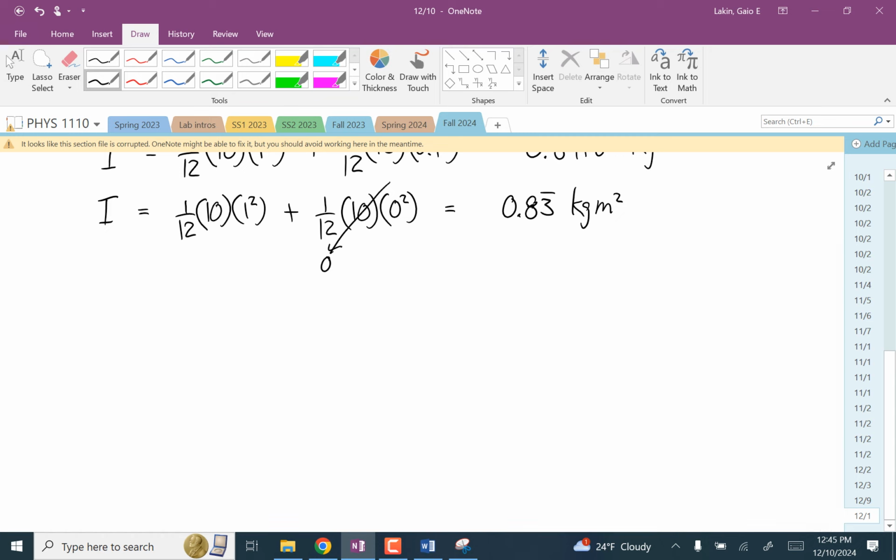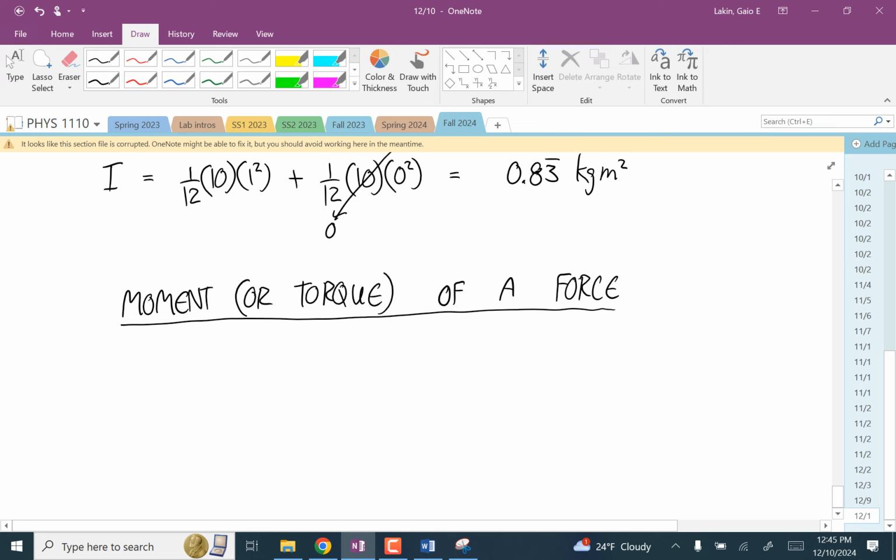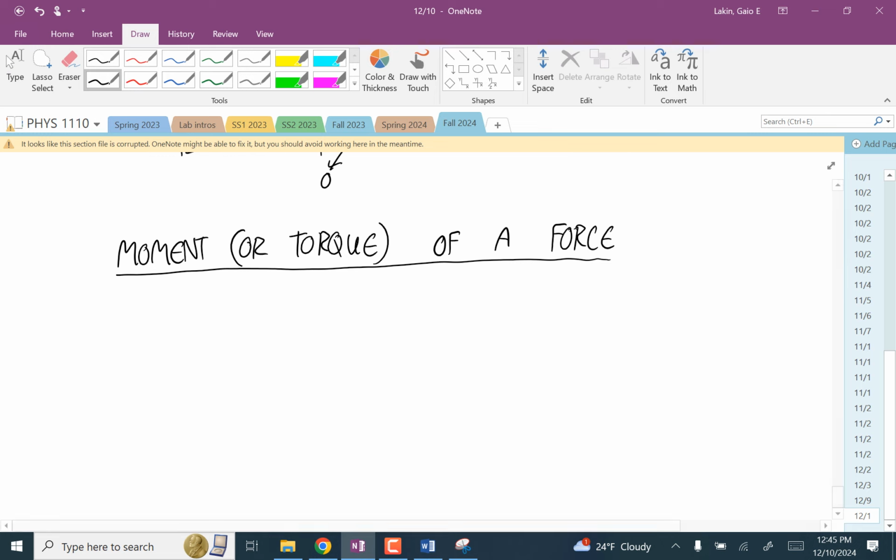Okay, so the next thing we have to talk about is what moment or torque is. You can use either of these words. Let's say you have just some arbitrary object, and let's say your hinge is here.